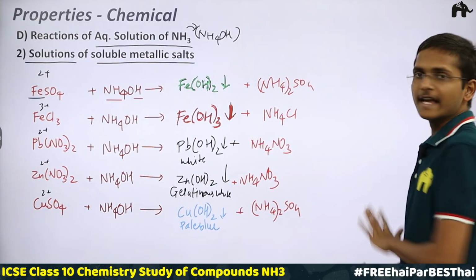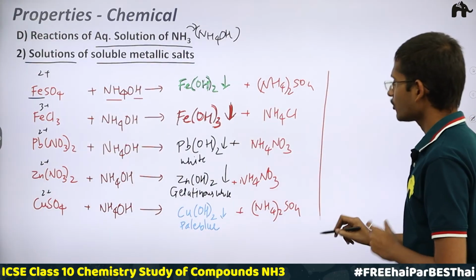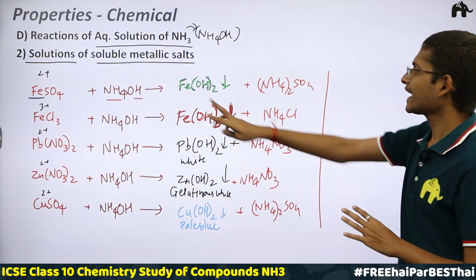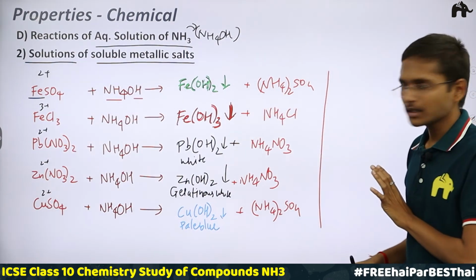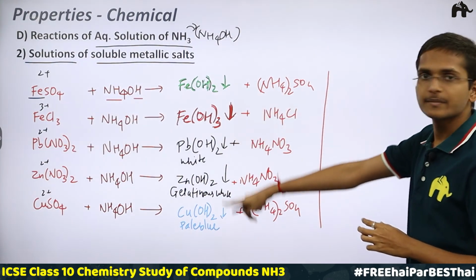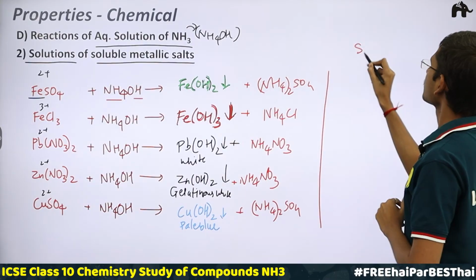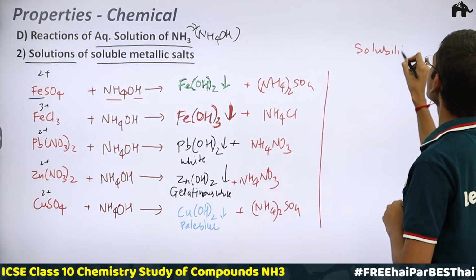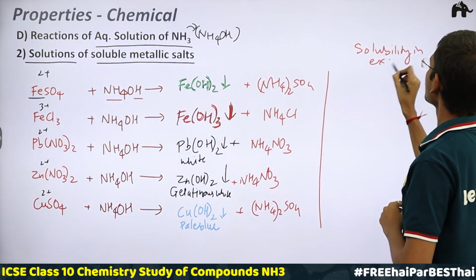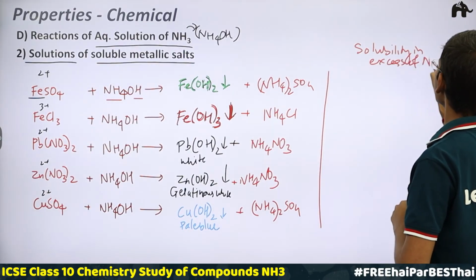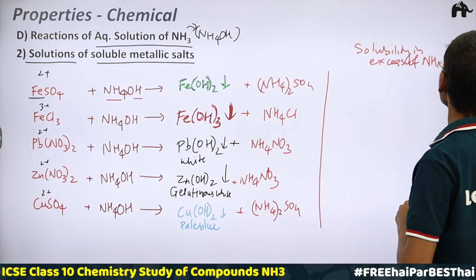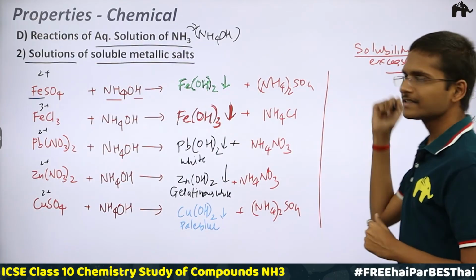So these are the reactions. I have already told you the colors: the reactants, then the products, the colors of the precipitates, and lastly the solubility in excess of ammonia, that is, in excess ammonium hydroxide. I'm just revising the things.